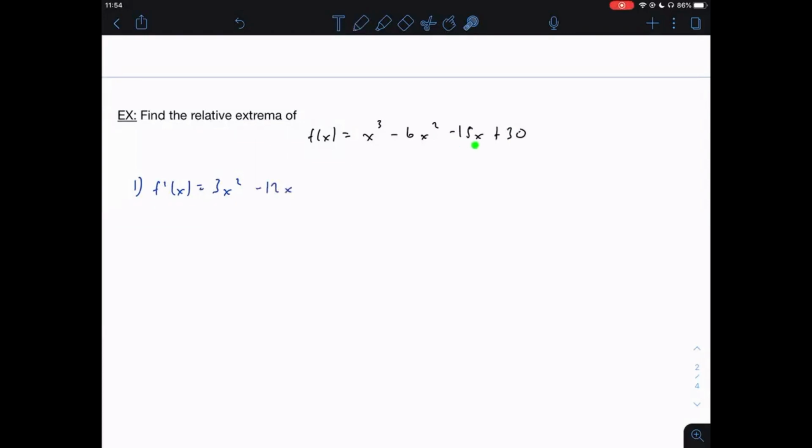And the derivative of negative 15x, well, the derivative of a coefficient attached to just a first power of x is just that coefficient, so minus 15. And the derivative of 30, a constant with no variable attached, is just 0. Okay, so first step, find the first derivative.